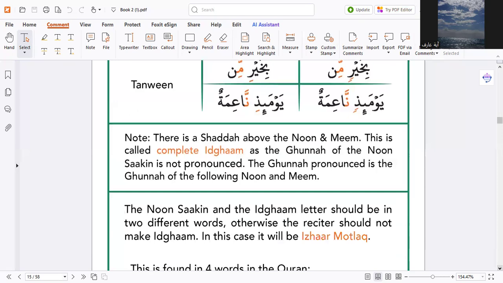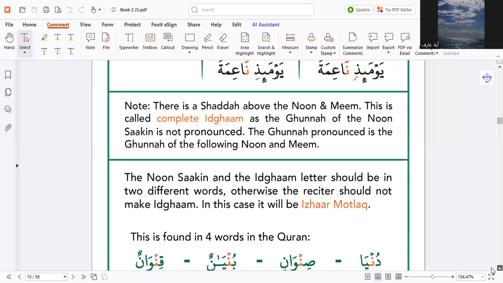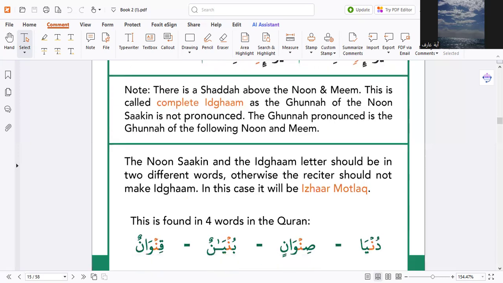So let's see what else we have. We have another exception in this rule: the noon sakina and the idgham letter should be in two different words. How about if they come in one word?